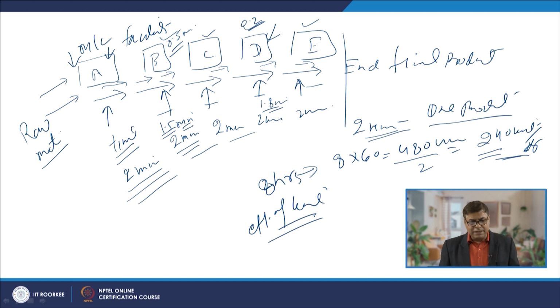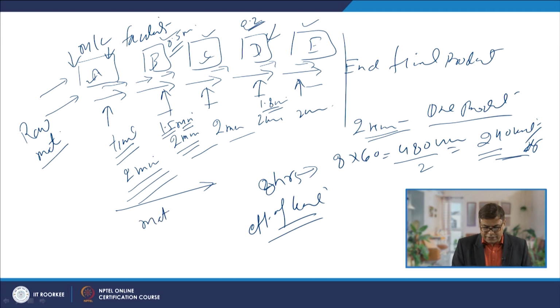We have seen that work is done at each of these stations, and after completion of the work at each station the job is moved. For this movement, the material handling device forms an integral part and becomes very crucial.